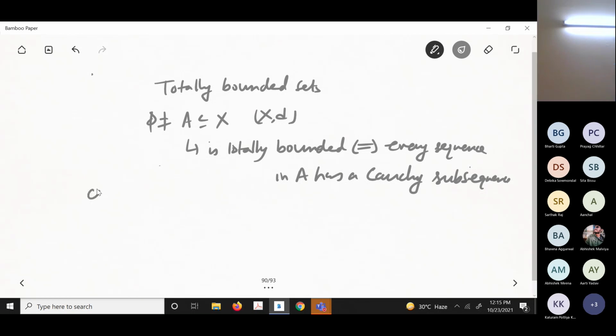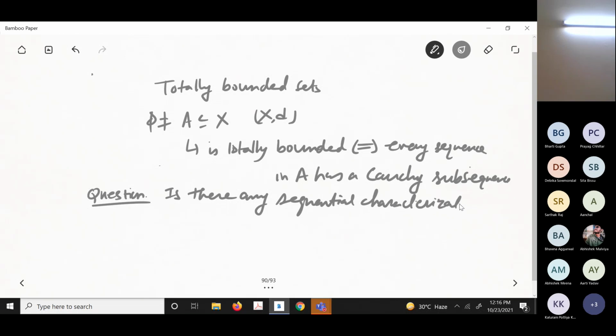Now we can ask this question. Is there any sequential characterization of a compact subset in a metric space?